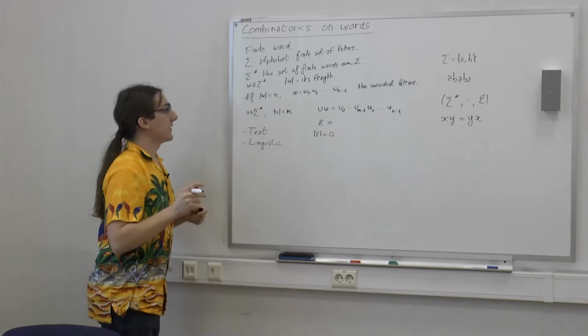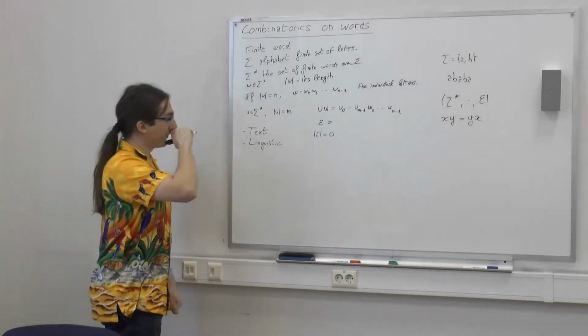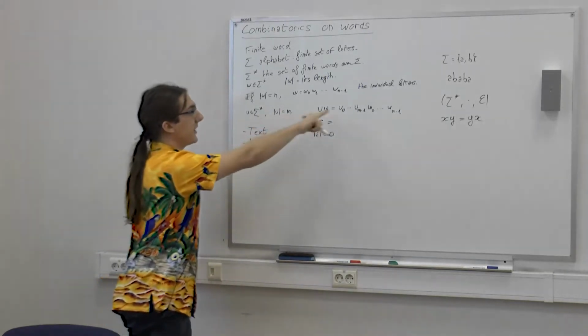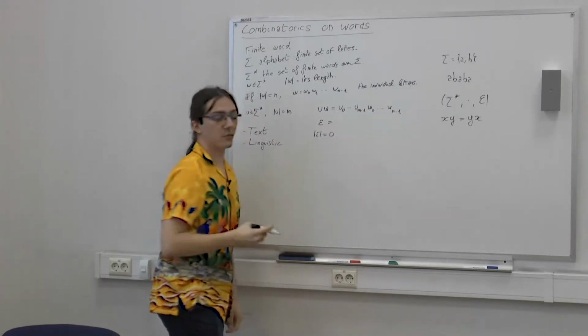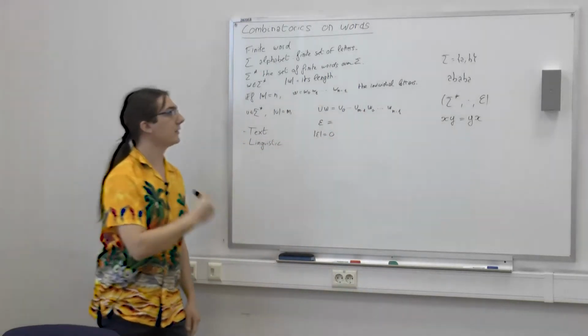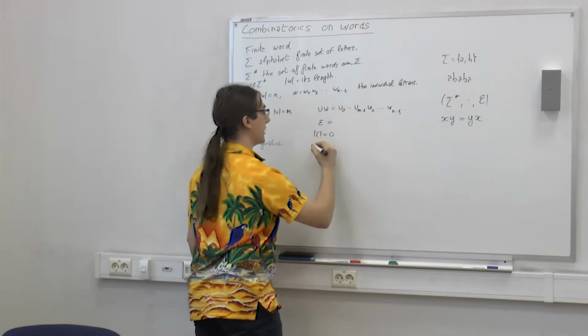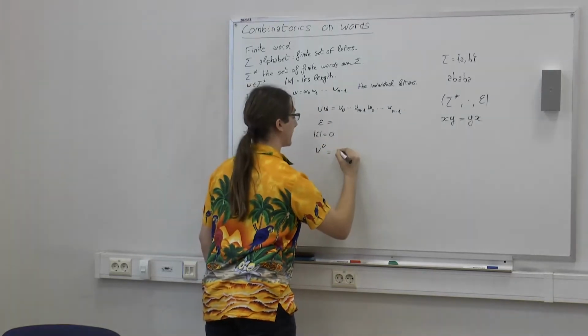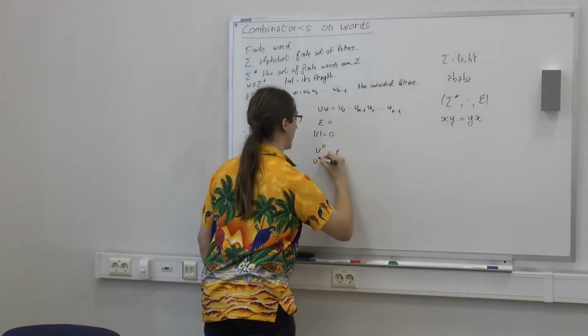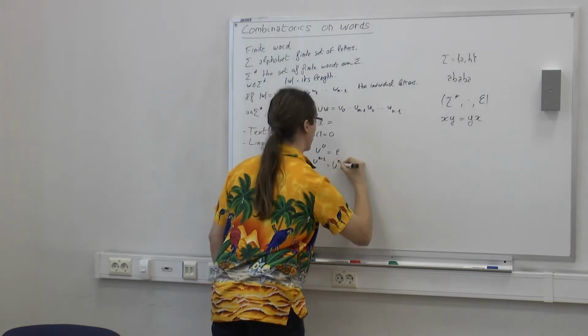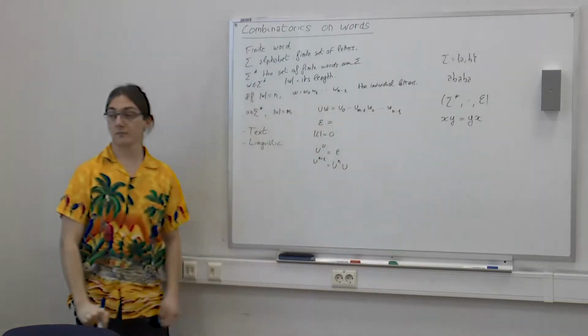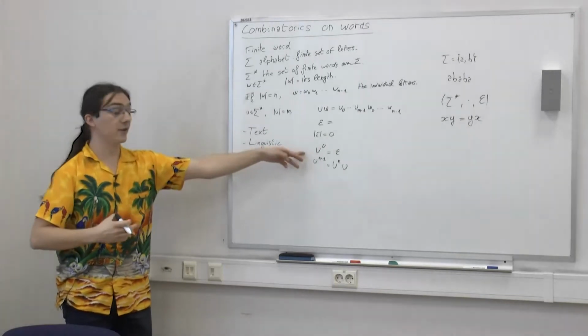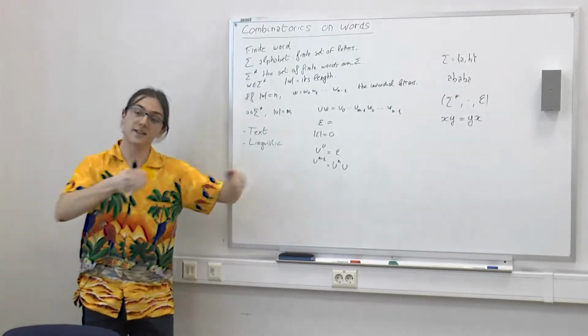One last thing, and then I start asking you questions. I defined concatenation, and we're in an algebraic context. It will be useful to define also, if I have some word u, u to the power 0 to be the empty word, and u to the power n plus 1 being u^n u. If I raise a word to some power, it just means that it concatenates with itself.